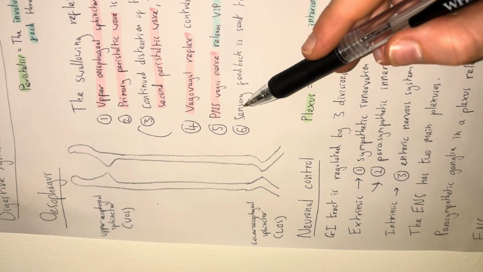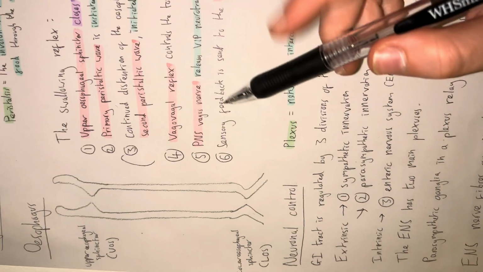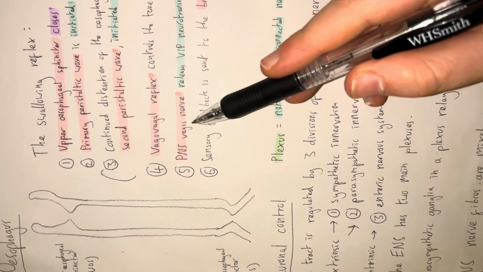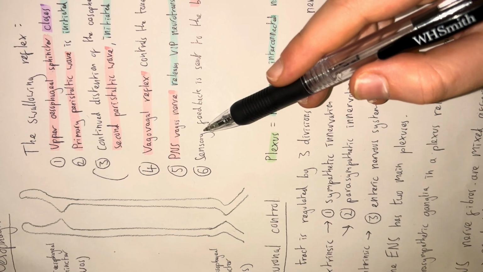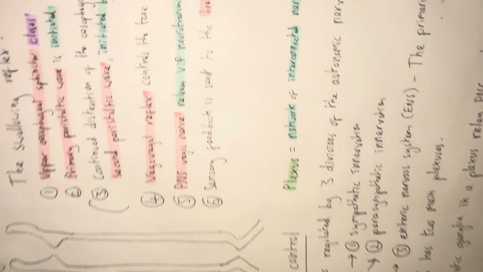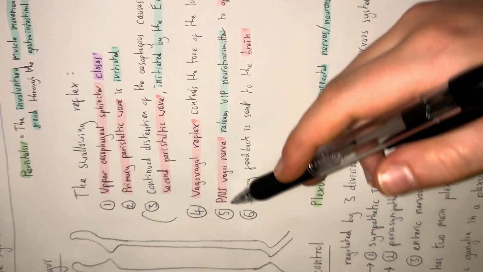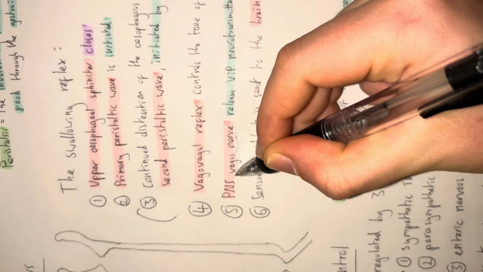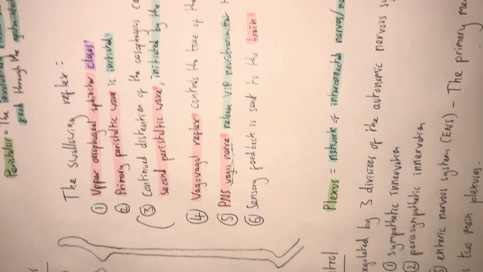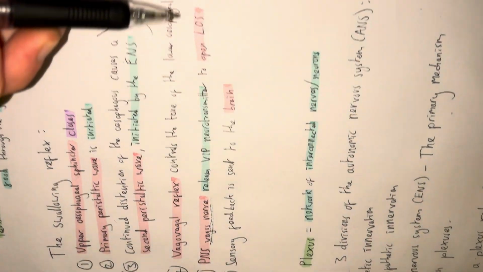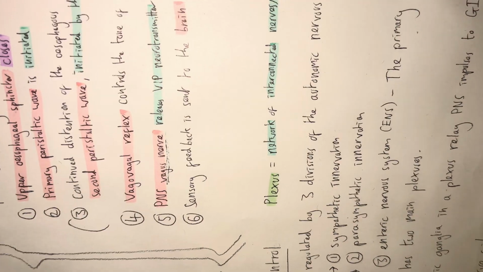And then I think this is either parasympathetic or peripheral. The sheet just said PNS, but yeah, the PNS vagus nerve, I'll just go with the vagus nerve for now. So the vagus nerve releases a peptidergic neurotransmitter, which is VIP, to open the lower sphincter.